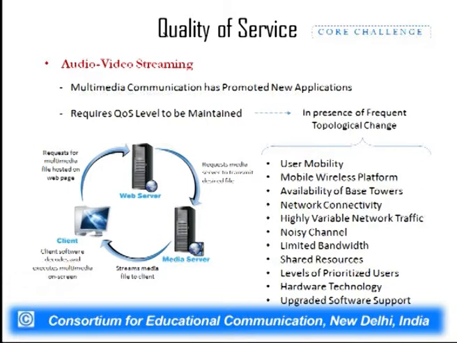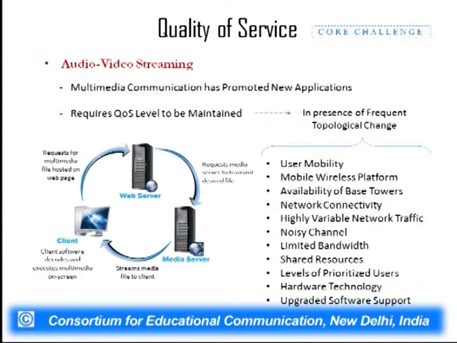Maybe the rate of mobility is different. Maybe they are walking or on a bicycle or in cars or even trains, etc. So there are different rates of mobility. So user mobility is one. The second is that the entire mobile platform is in motion. What else? The availability of base towers.